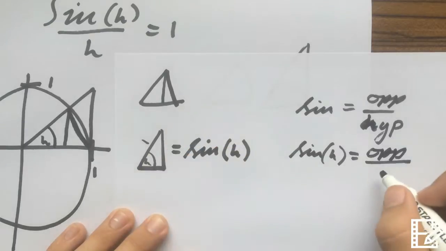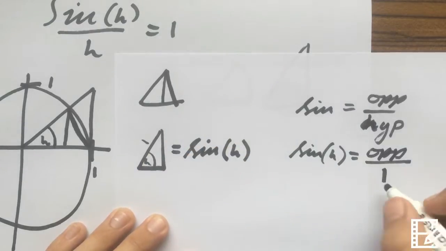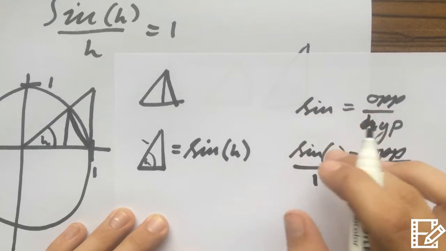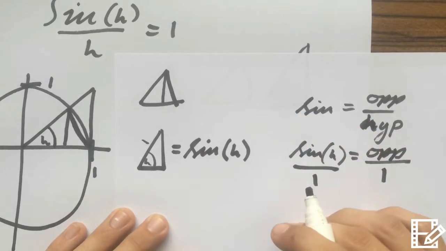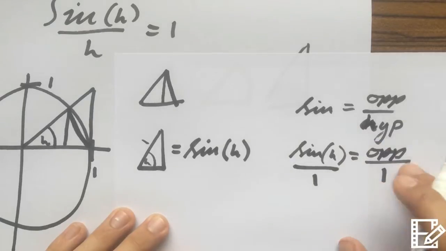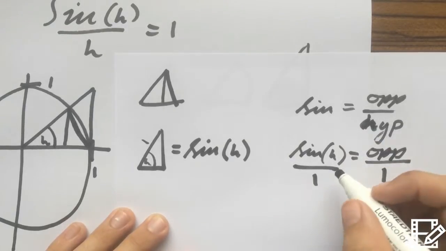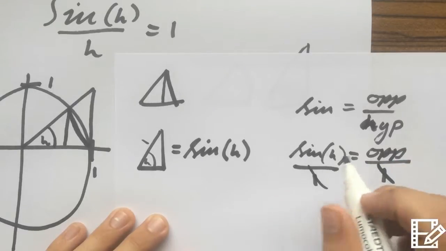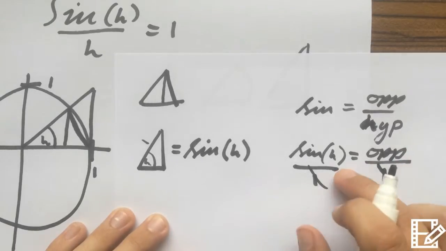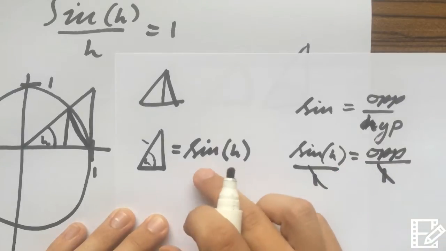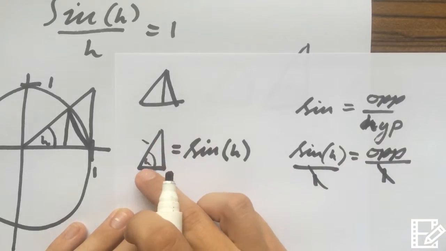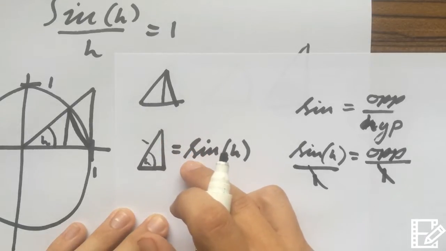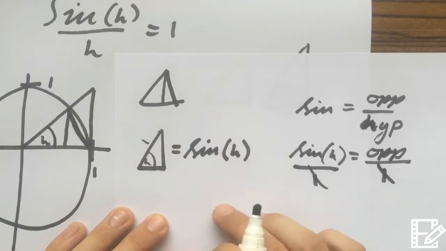If the hypotenuse is 1, then you don't have to write it, because everything is just over 1. Anyway, we can cancel these out, and what we're left with is the opposite being sine h. So the opposite of the angle is sine h. So the height is sine h.